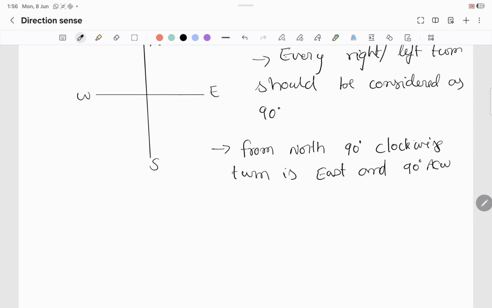Hereafter we will write anti-clockwise as ACW.